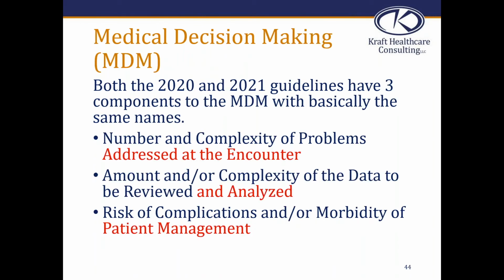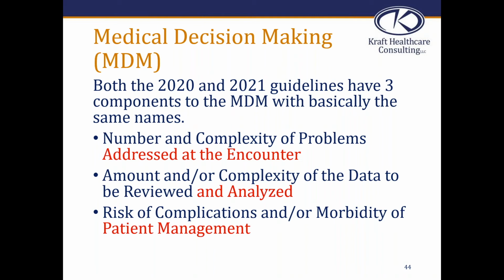Both 2020 and 2021 guidelines have three components to the MDM with basically the same names. Now you'll see the red on the slide, that is the revised portion. The current MDM was number of diagnosis or management options, and amount and or complexity of data to be reviewed, risk of complications and or morbidity or mortality.